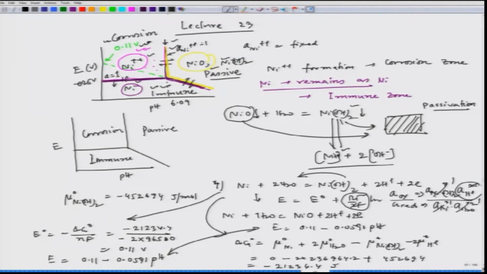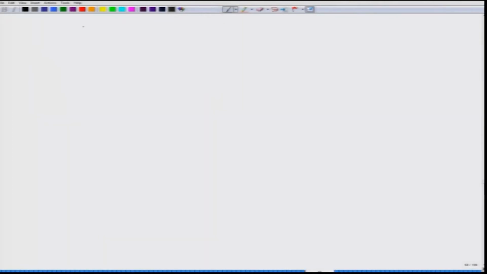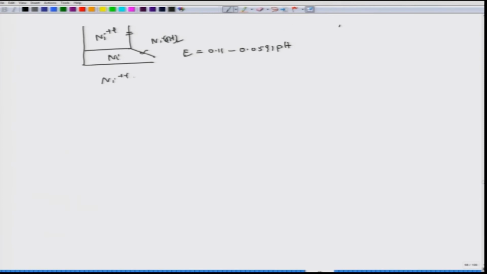And if you want to do the calculation for the vertical line, if you try to see the vertical line also, this is Ni(OH)2 and Ni, this line gives E equal to 0.11 minus 0.0591 pH, and this line would be the same as for this reaction. So, the new reaction would be Ni plus 2H2O equal to Ni(OH)2 plus 2H plus, it will give you the same equations.